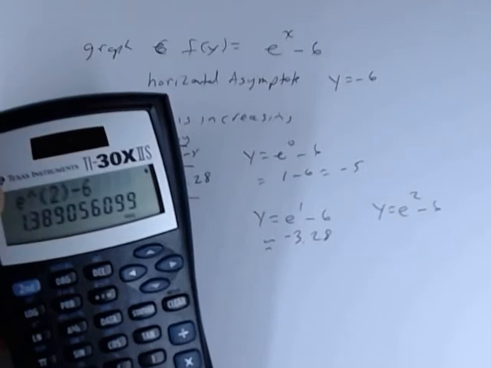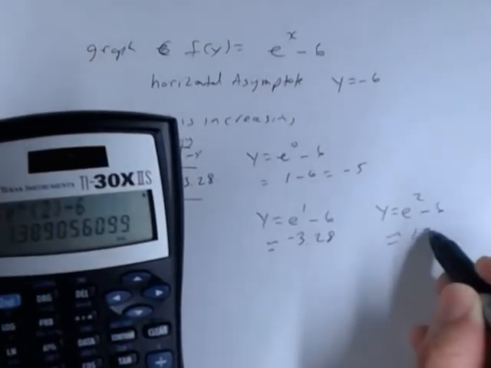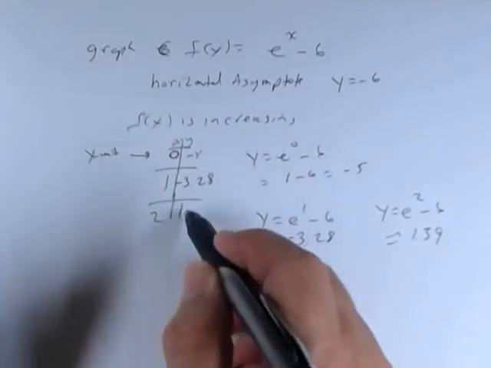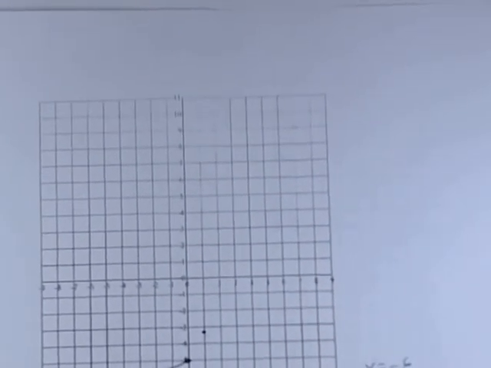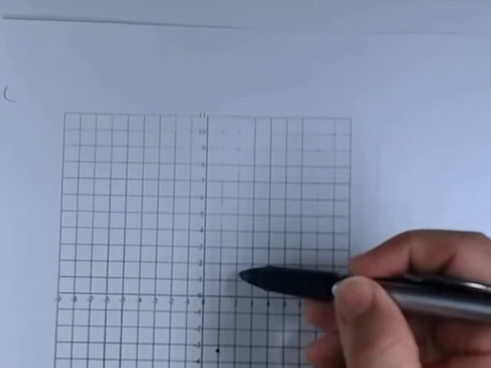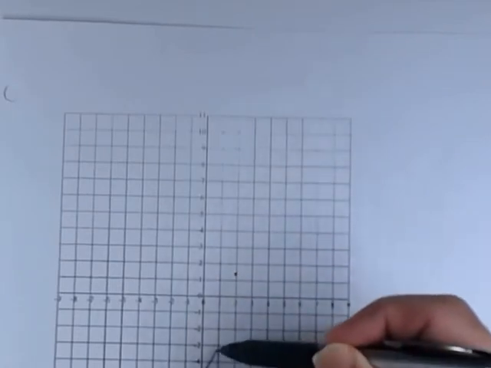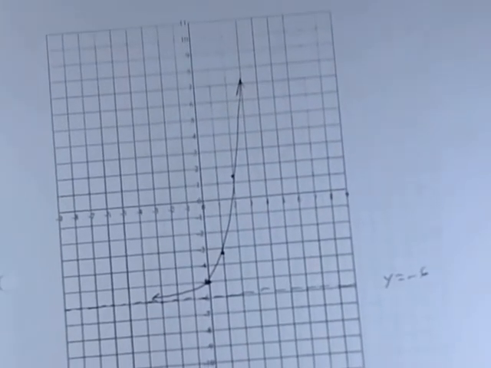So positive, right? Positive 1.39. And you plot that point. 2, positive 1.39 is about here. And just connect them and you're done. This is it. That's what you get.